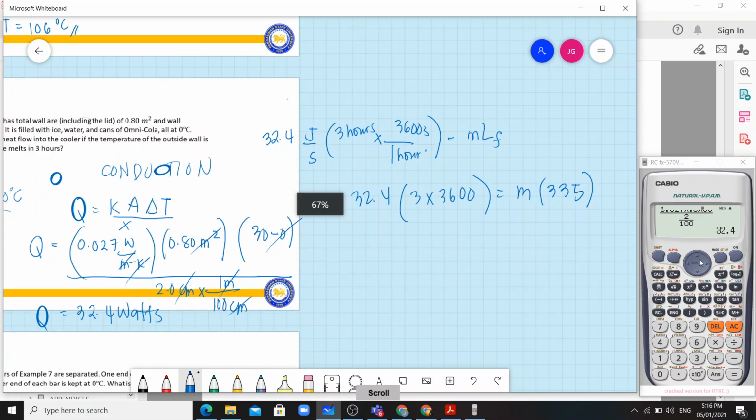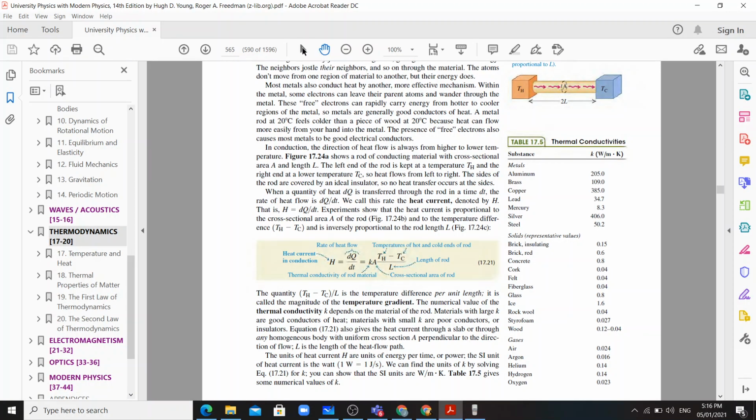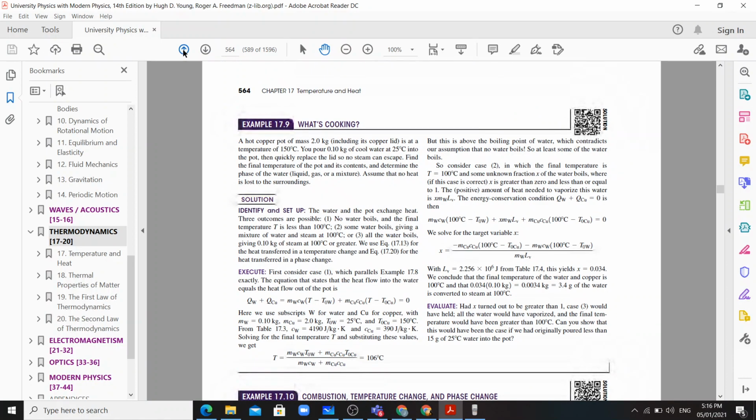Is it 335 or 334? Let's check just to make sure.